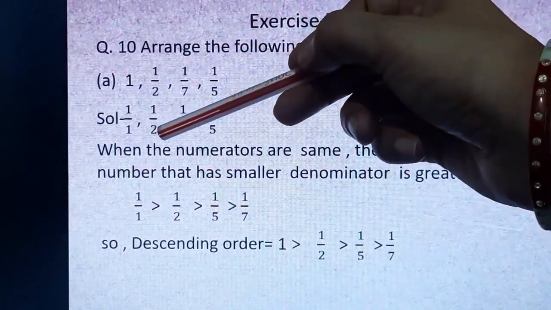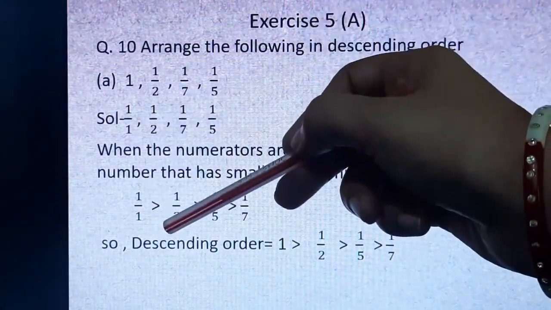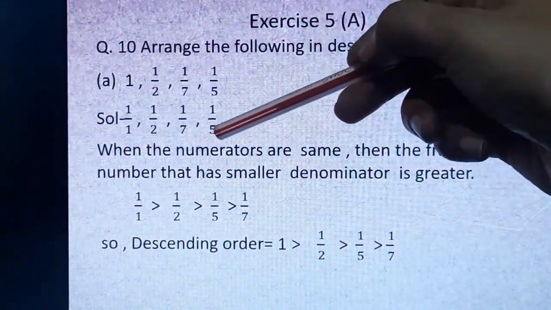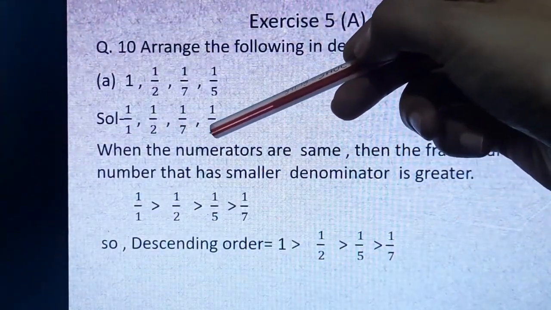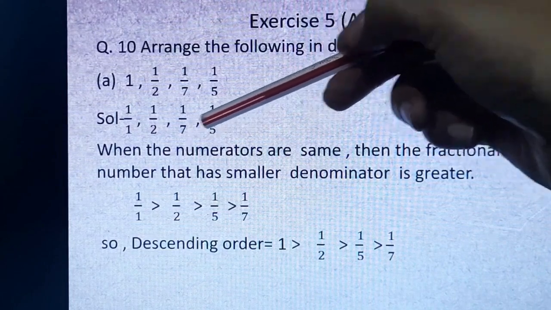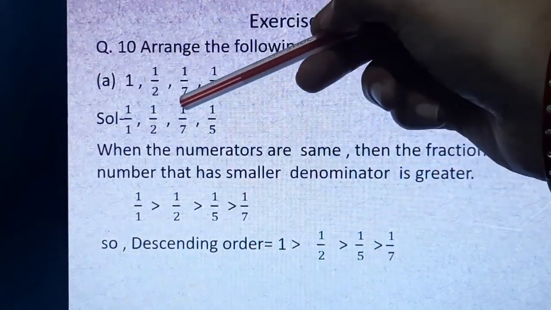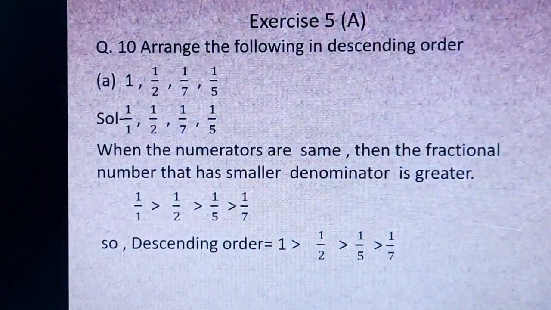Then 2, so 1 upon 2 will be the second term. After 2 the next smaller number is 5, so 1 upon 5 will be taken as the third term. And then 1 upon 7 as the fourth term.